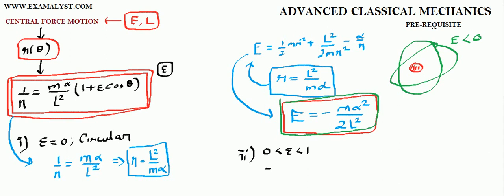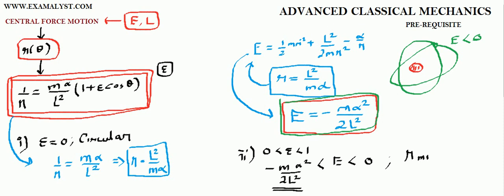The value of energy will lie between negative m alpha square divided by 2L square and 0. So total energy will be negative, less than 0, and it cannot be less than this minimum value. In this case, there will be two values of r. Amazing, right? There will be two values of r.